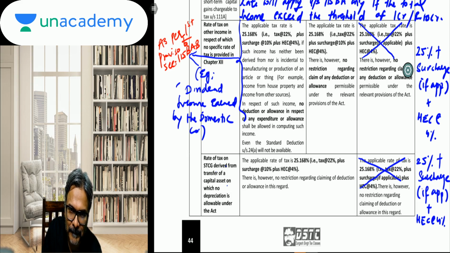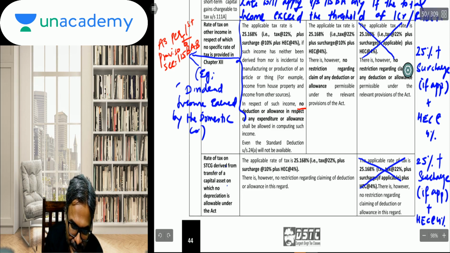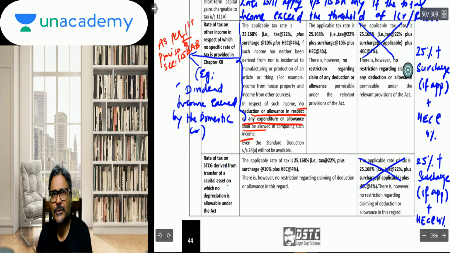But there is a condition which you need to take a note of. The condition is that no deduction or allowance in respect of this would be allowed. No deduction whatsoever.